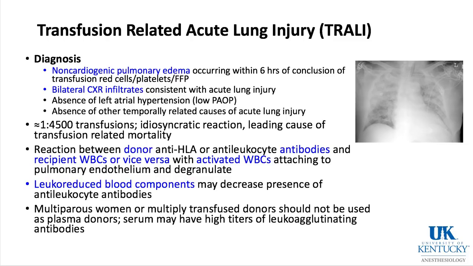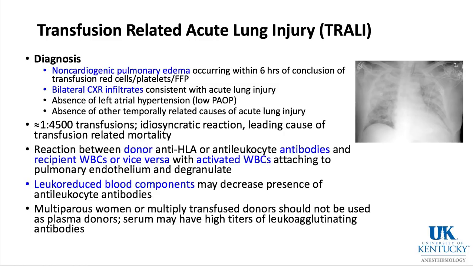Now it can be a reaction between donor antibodies and recipient white blood cells, or vice versa, but it's really activated white blood cells degranulating, causing damage to the alveolar interstitium, making it leaky, fluid going in, and it occurring within 6 hours of a transfusion.